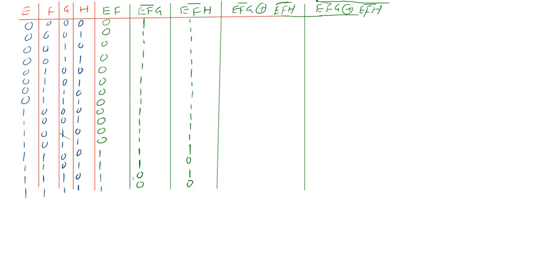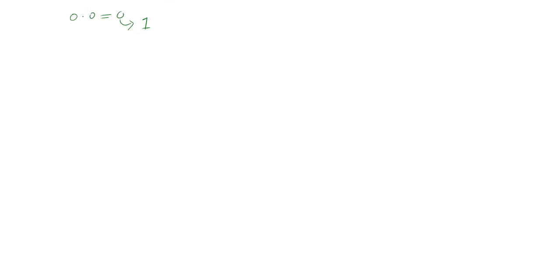Now, for these operations, you have also to know how they operate. So for an XOR operation, which is represented like this, the inputs which have been applied are of different logic levels, is when we put a 1.